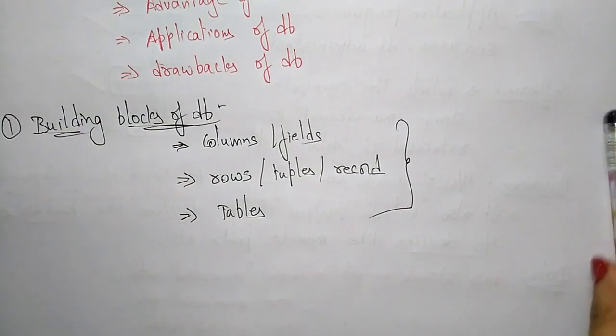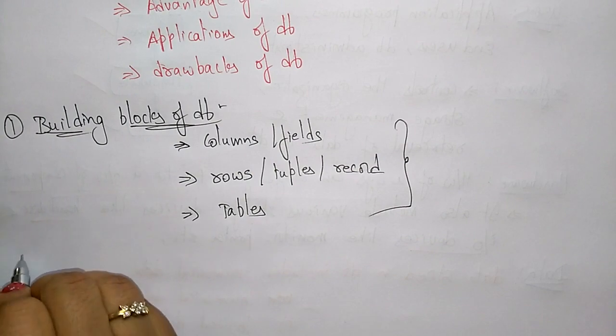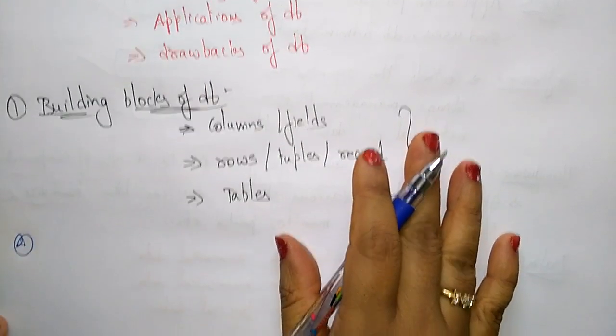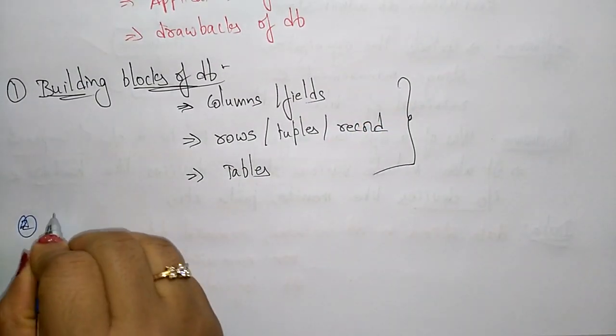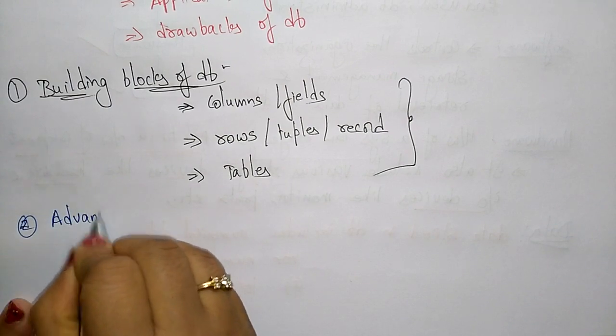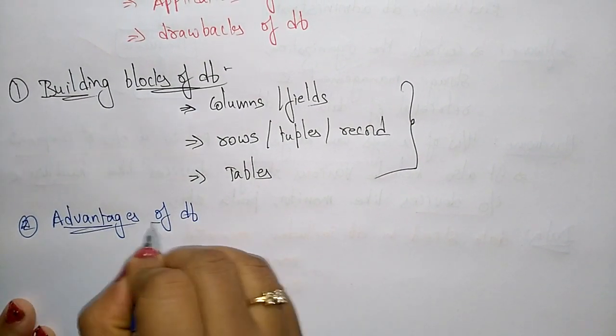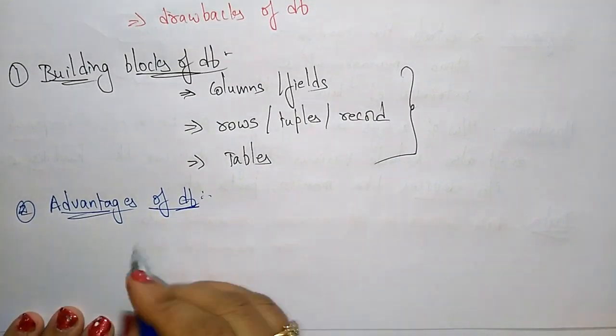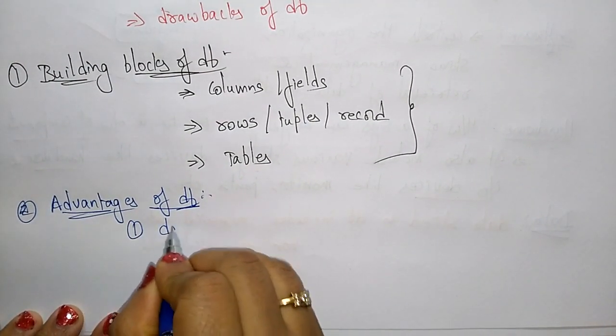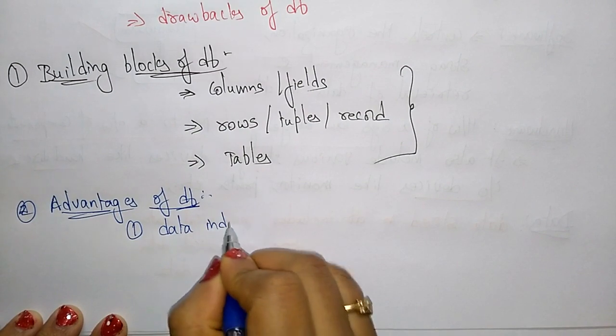Now coming to the second one. So what is the second one? What are the advantages? Let us see the advantages of database. Let me explain one by one. So first is the data independence.